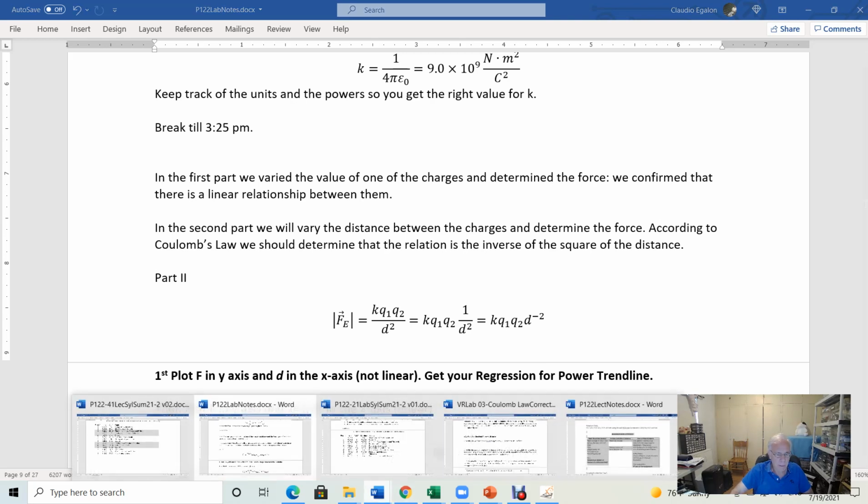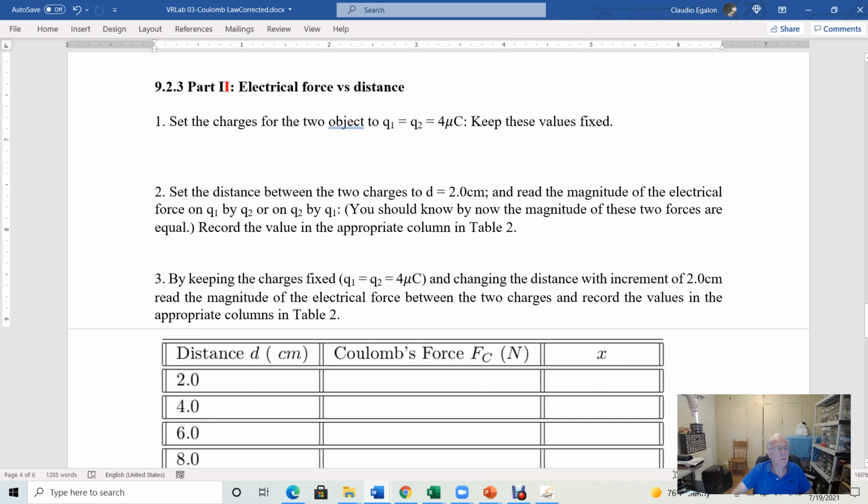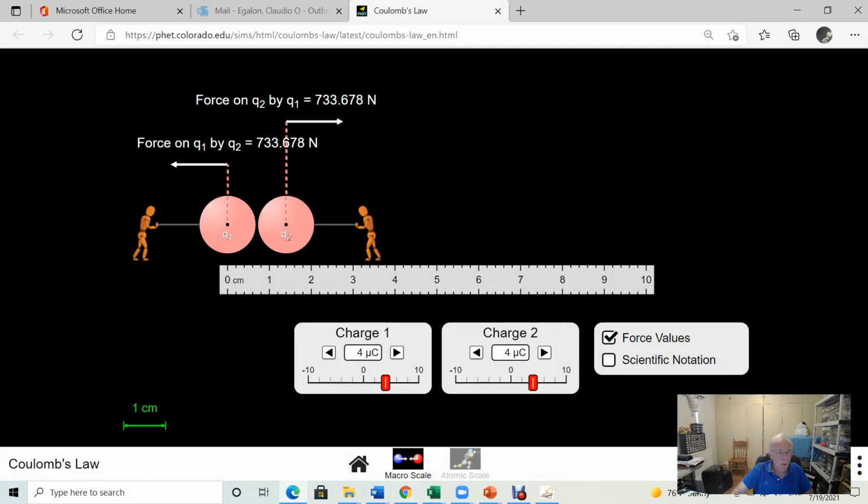so let's go back here to our Part 2. Set the charge of the two objects to 4 microcoulombs. Okay, let's go back. Oh yeah, they're both 4 microcoulombs now.